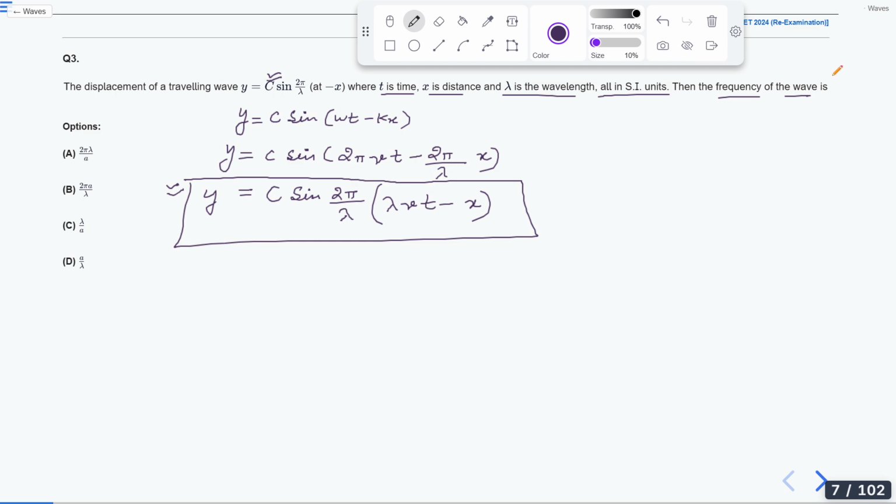Oh, the frequency of the wave, not fundamental, it is the frequency of the wave. So after comparing, what is A from here? A is lambda nu. Everything you can compare. So from here you have to calculate nu. So what is nu? Which option is correct?